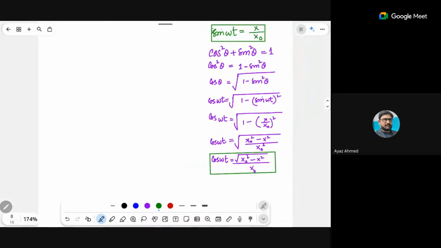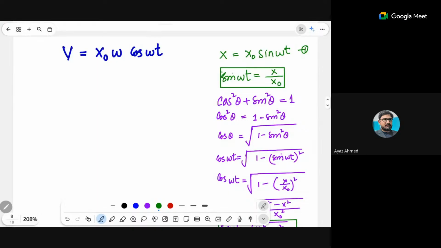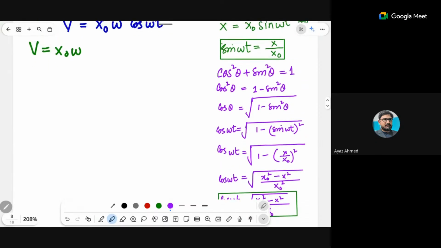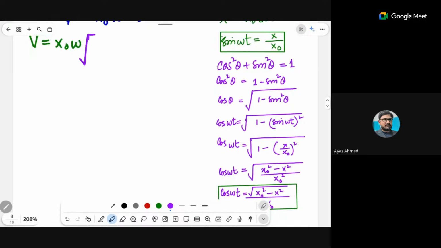Okay, now instead of this cos omega t, I will replace all this. So my v is equal to x naught omega. Instead of cos omega t, what did I tell you? It is square root of x naught square minus x square, whole divided by x naught.